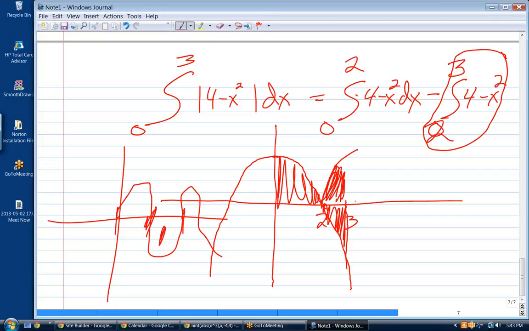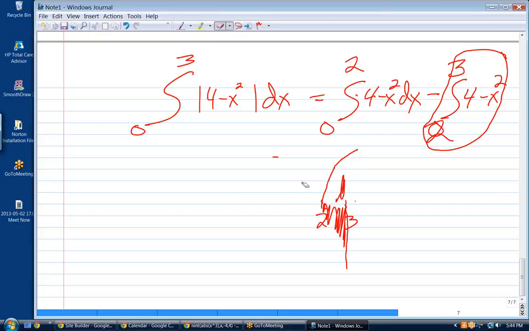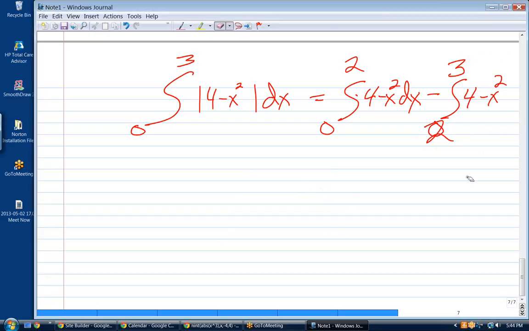In other words, go from here to here, and then I'd go from here to here if I had to do it manually. Okay. So then you take the antiderivative of each of those pieces.